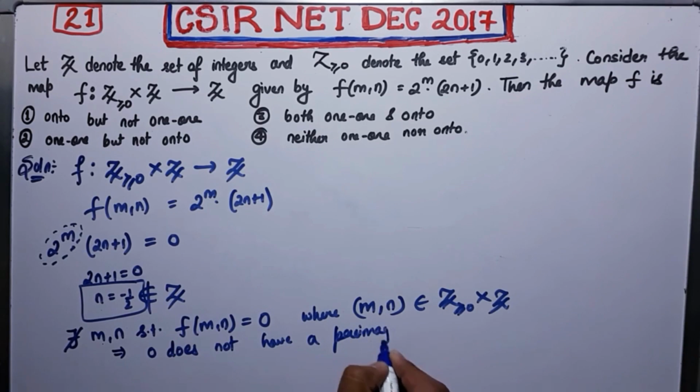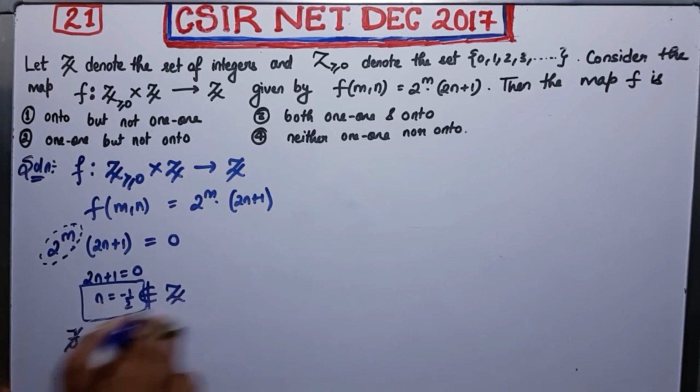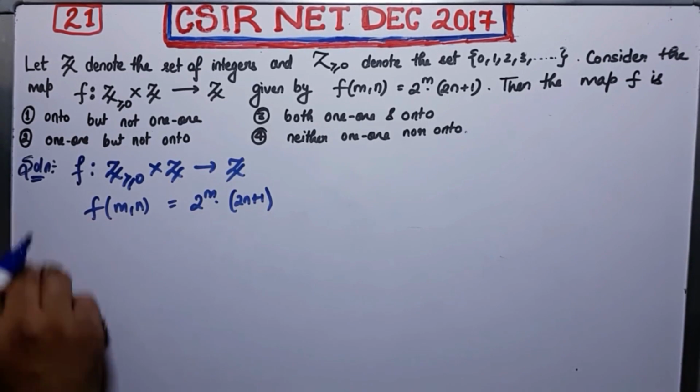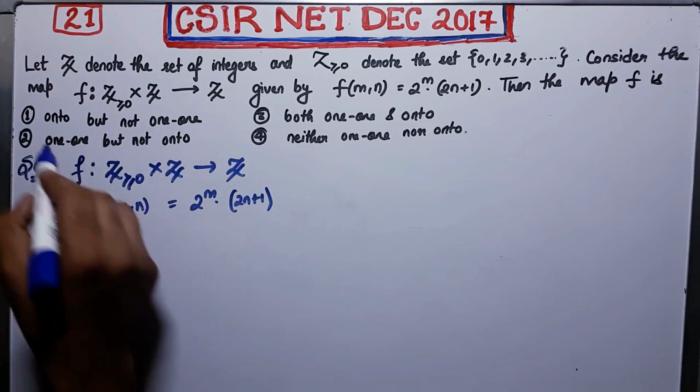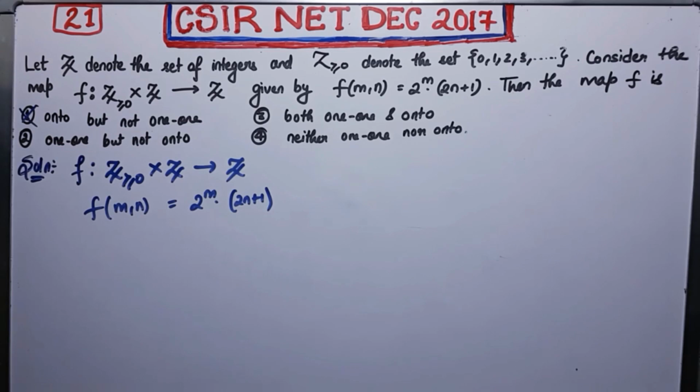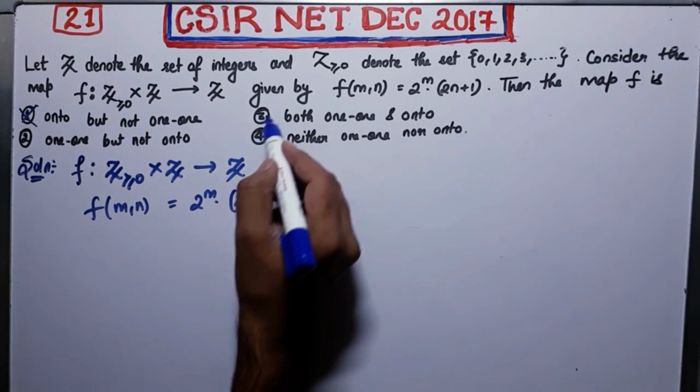This is what we can conclude. So since 0 has no pre-image, you can conclude that this map is actually not surjective. Okay, now let us check injectivity of this map, right? So I will erase this thing. So not onto. So your first option says it is onto, therefore it is wrong. Okay, now your third option also says that both 1-1 and onto, so this is also wrong.